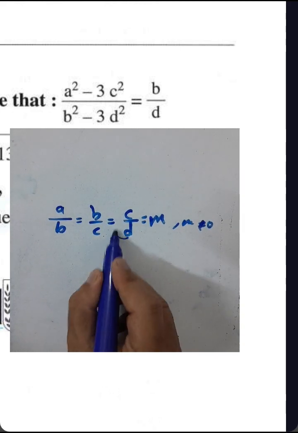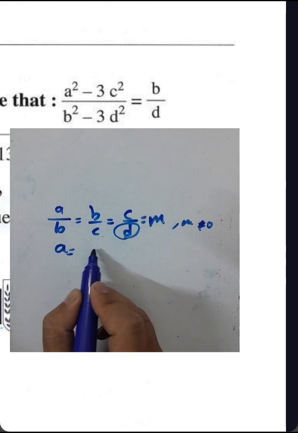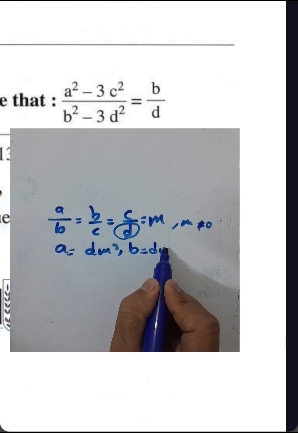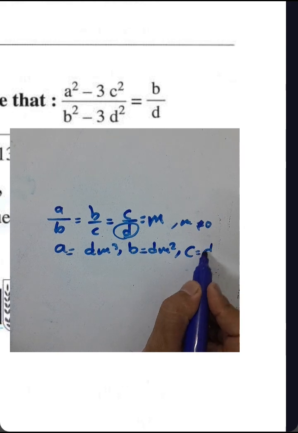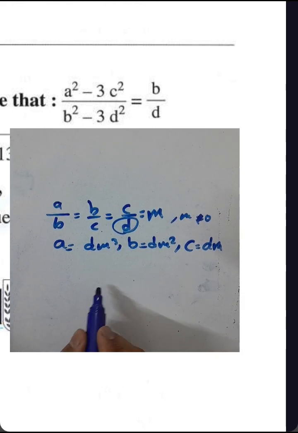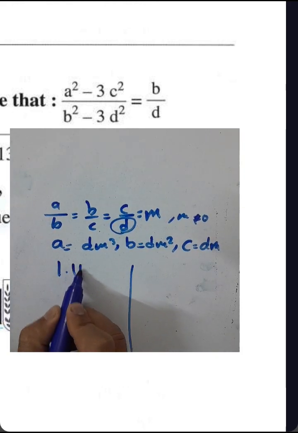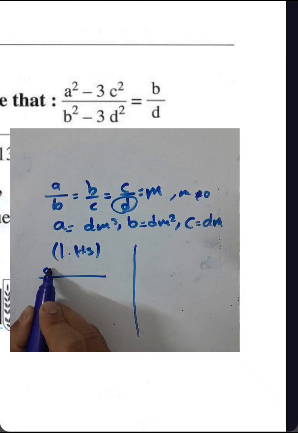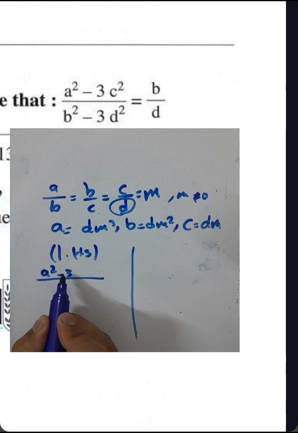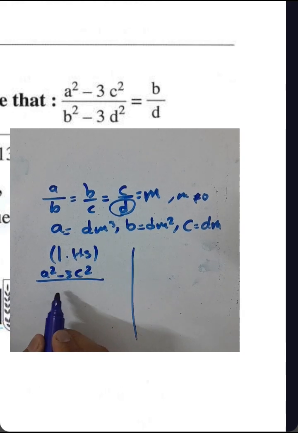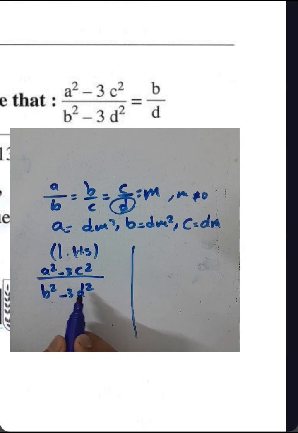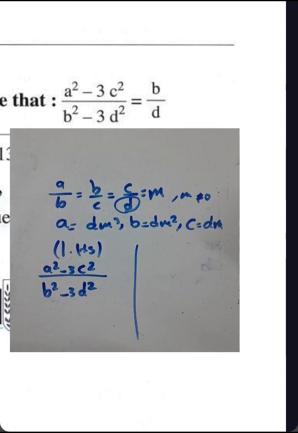Then we can determine a equals d m to the power 3, b equals d m to the power 2, and c equals d m. The left hand side here we have a squared minus 3c squared over b squared minus 3d squared.